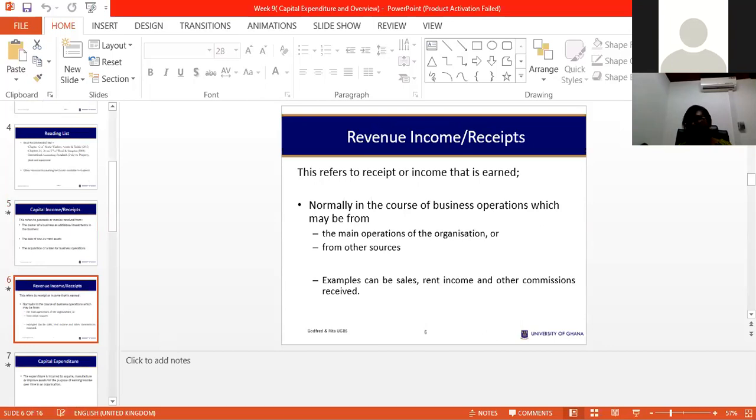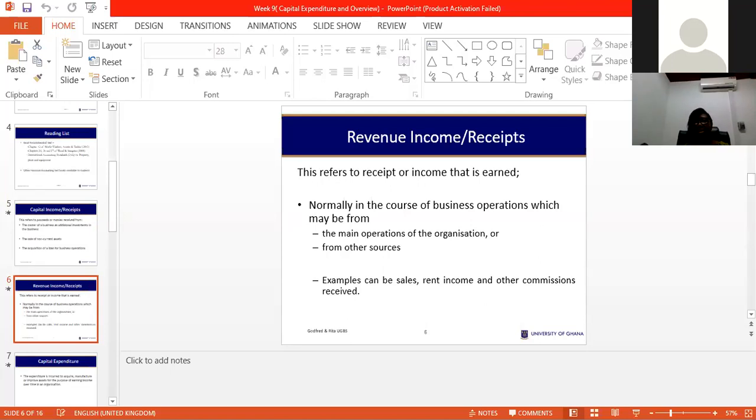Now let's contrast it with revenue income or revenue receipts. Whereas capital receipts refer to these investments by the owners or from the sale of non-current assets, revenue income must first and foremost be earned. And how do we earn it? You have to earn it by rendering the service or delivering the product.